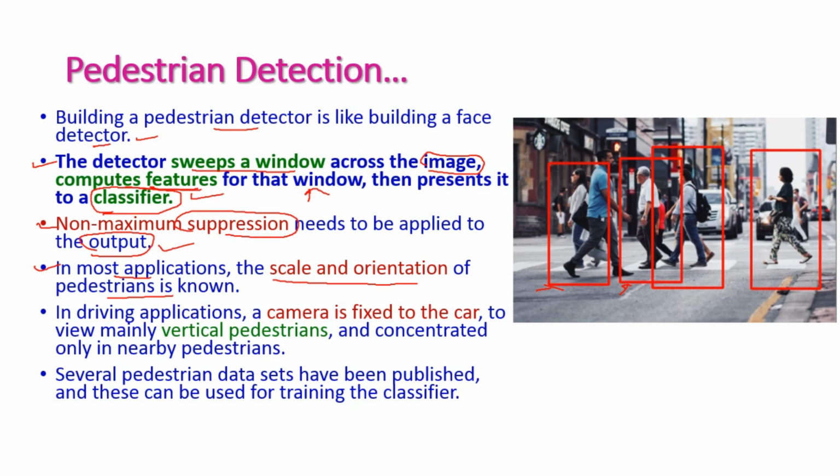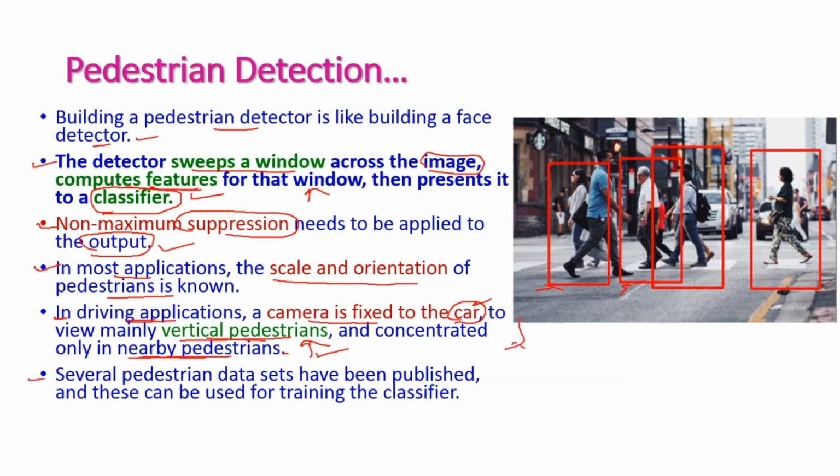If the pedestrian is close to the car, the size will be very large, and if they appear at a very long distance, the size will be very small. In driving applications, the camera is fixed in the car and can view many vertical pedestrians, concentrating only on the nearby pedestrians, right?